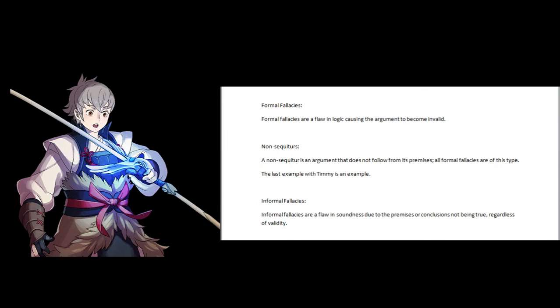This is where you get things like appeal to authority or the straw man, fallacies where they're not necessarily logically untrue, but since you're misrepresenting the truth, they are informal fallacies. Formal fallacies will always make your argument wrong. An informal fallacy will not necessarily make it wrong.